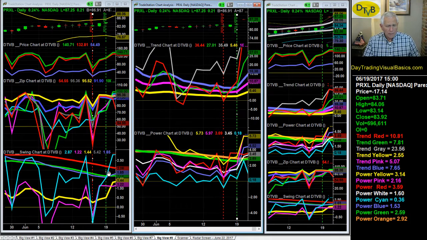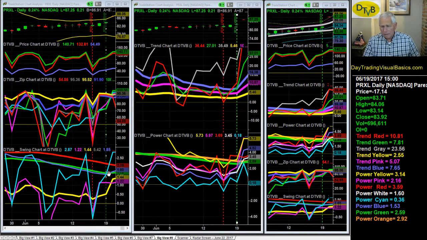Even swing red on the green vertical line, swing red is at 2.2 and green is at 1.6. That's pretty high for those lines. Normally they're a lot closer to 0. And that could be why we see what we've seen on the red vertical line, because things are pretty darn high, and to push them up significantly higher takes a lot more oomph.